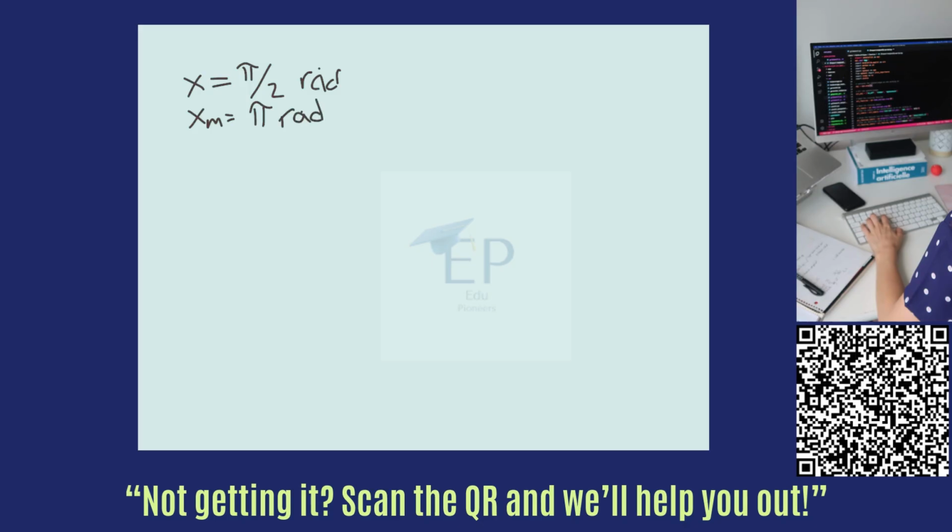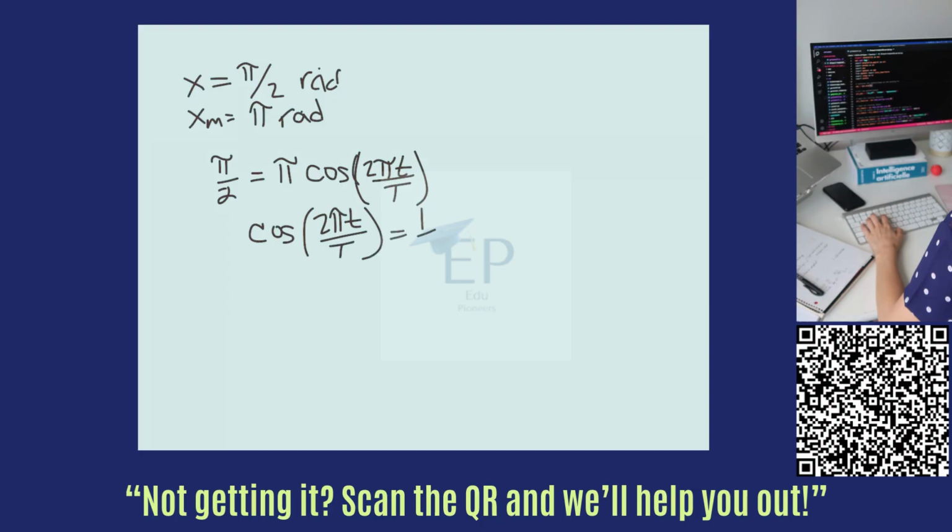And we can substitute this value in to find out what is our value for cosine 2 pi t over T. So if I plug in these values, I have pi divided by 2 equals pi cosine 2 pi t divided by T. And solving for cosine 2 pi t divided by T, I end up getting that 2 pi times the time divided by the period is actually going to equal 1/2.